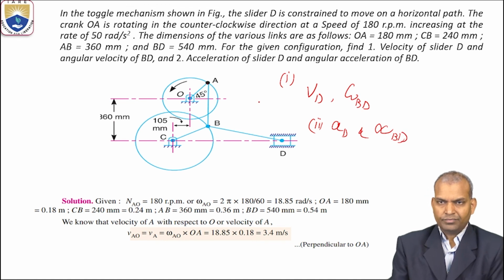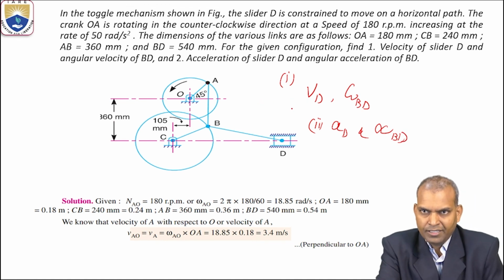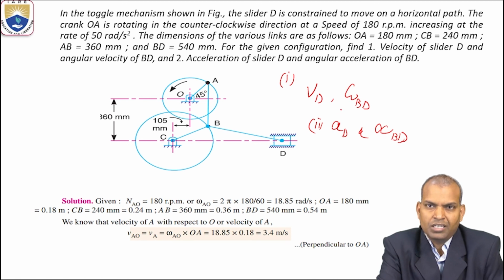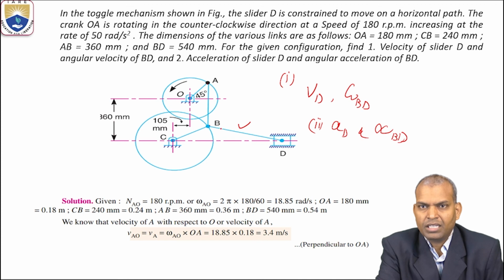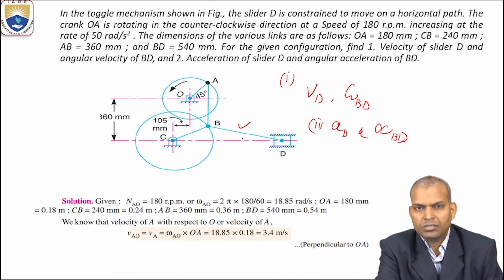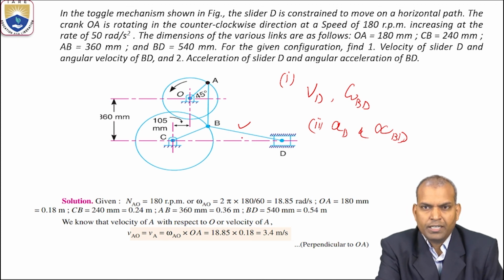So the velocity of slider D and the angular velocity of link BD can be found by using the velocity diagram. And objective 2 can be achieved by using the acceleration diagram.